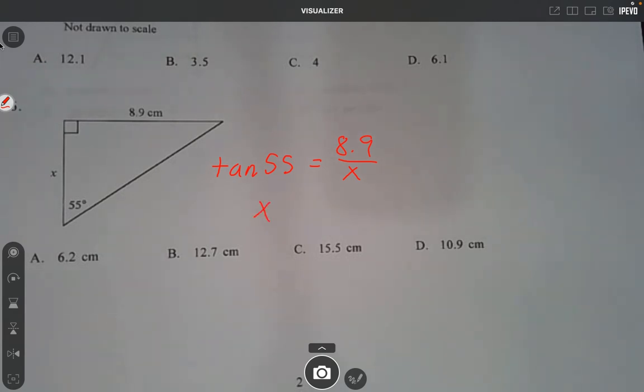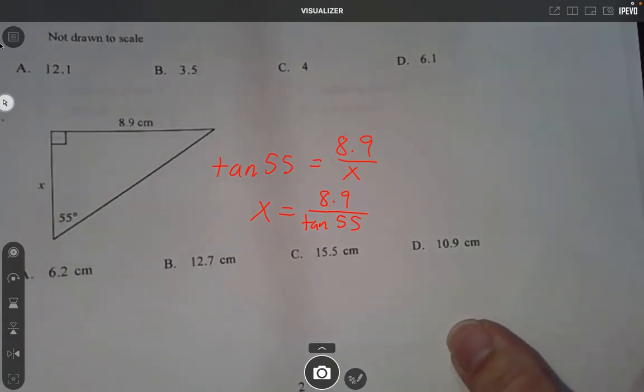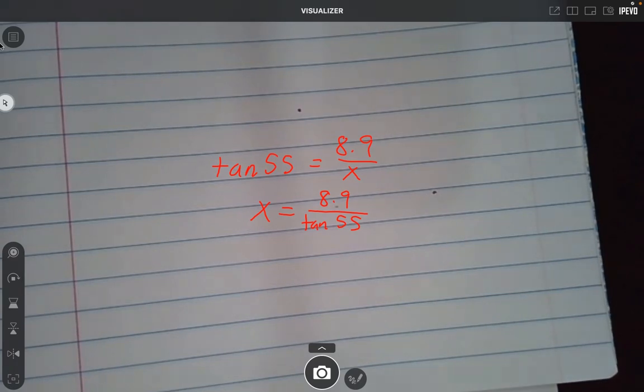So it's 8.9 over the tangent of 55. If you type that in your calculator, 8.9 divided by the tangent of 55 is 6.2318479. So it is 6.2. That answer is A. All right, let's keep going.